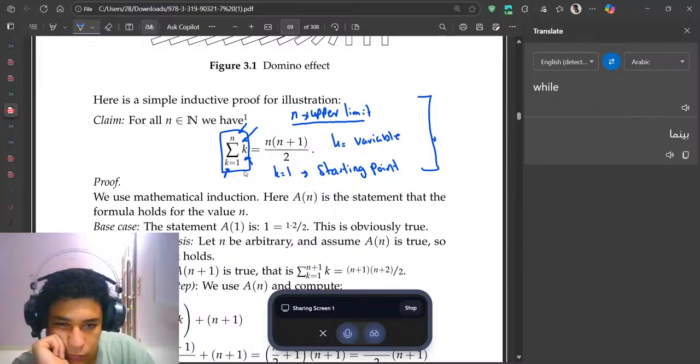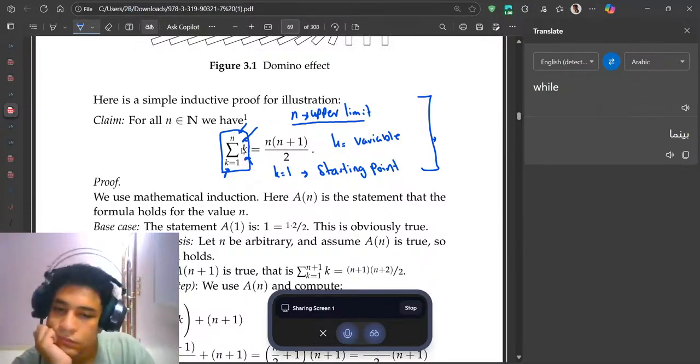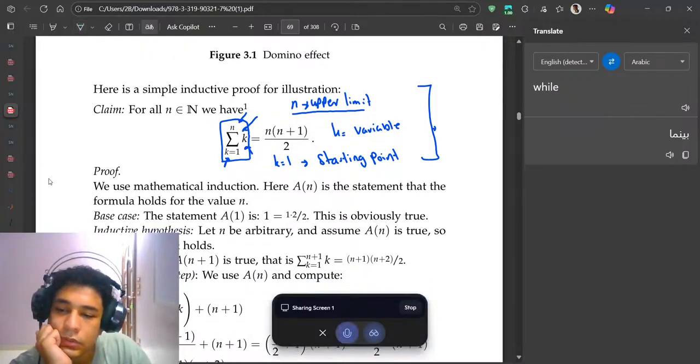Got it. If you replace k with the number 3, then the summation would start at 3 instead of 1. So you'd be summing from 3 to n instead of 1 to n. Oh, okay. I get it now.